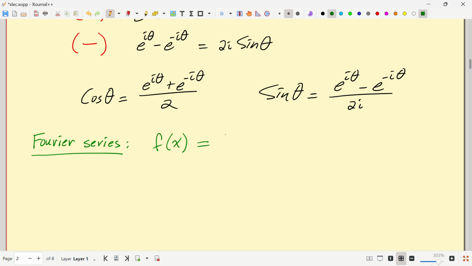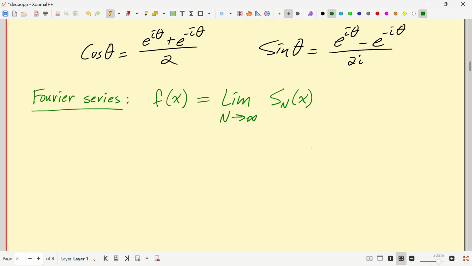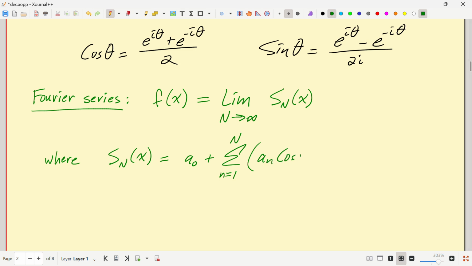So we want f to be the limit as N goes to infinity of a partial sum of the Fourier series, where S_N is going to be a naught plus the sum as n goes from 1 to capital N of a_n cosine nx plus b_n sine nx. I'll go back to x's.